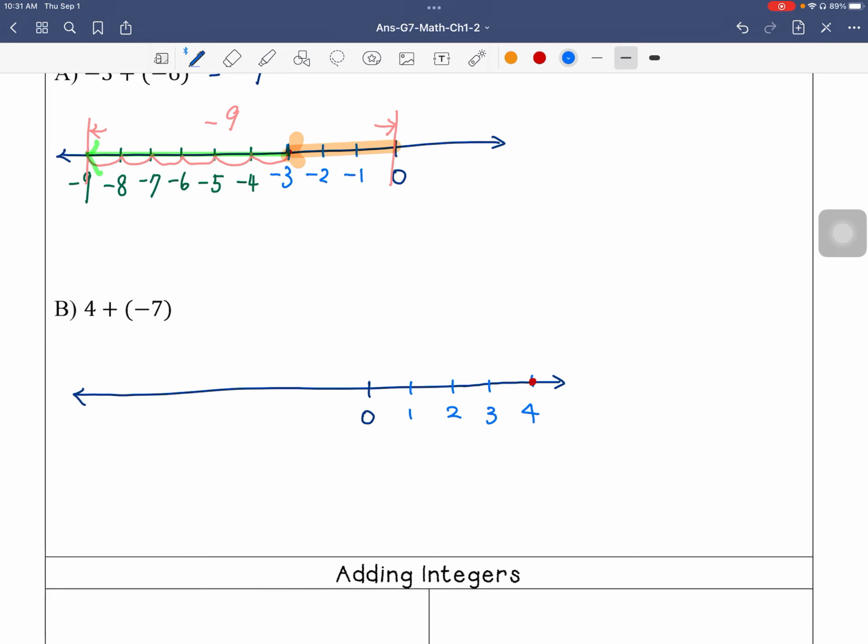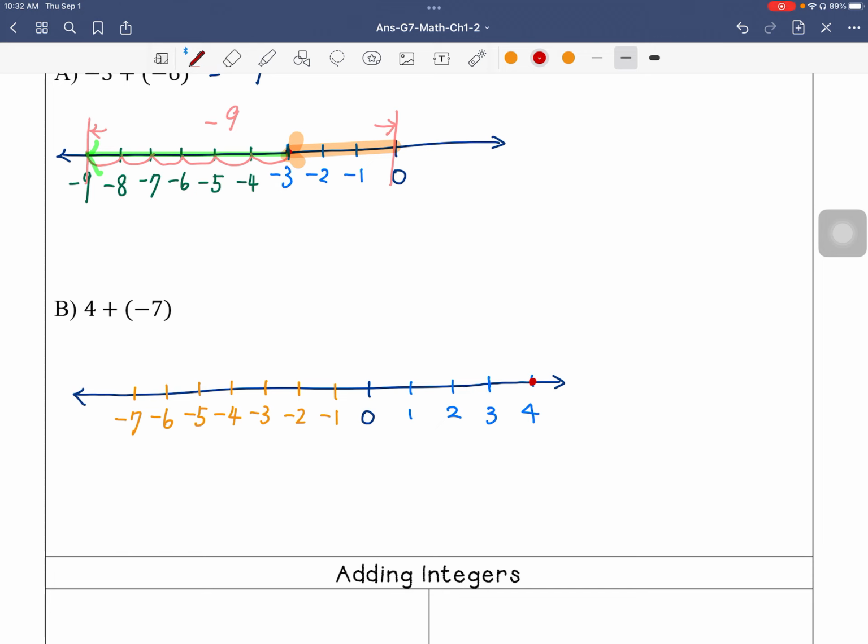So 4 is here. Then I move toward the right: negative 1, negative 2, negative 3, negative 4, negative 5, negative 6, negative 7.